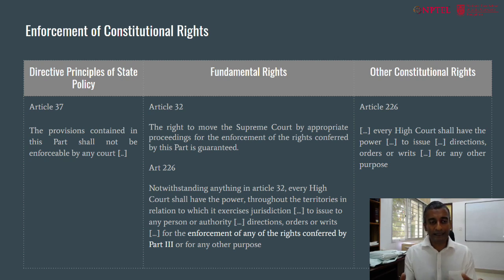So notice that while fundamental rights and constitutional rights are primarily enforced through legal means, the directive principles of state policy are primarily enforced through political means, not through legal means. So with that, we conclude this lecture, lecture 2 of week 5, and our preliminary introduction to constitutional fundamental rights.